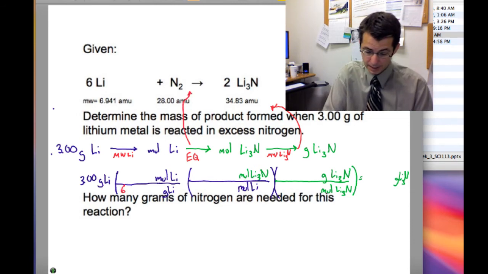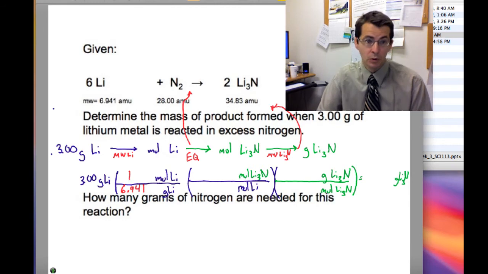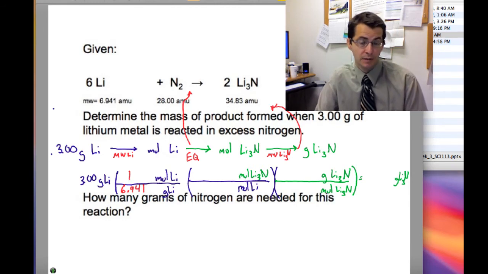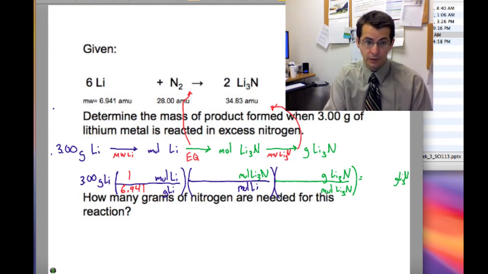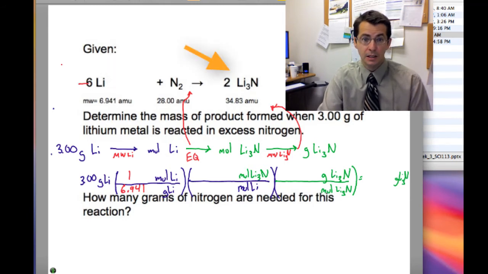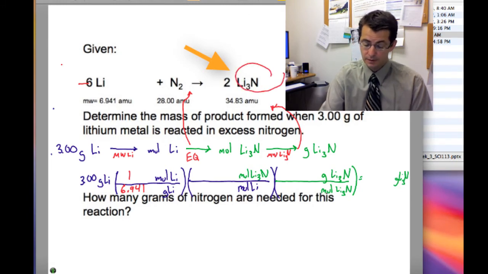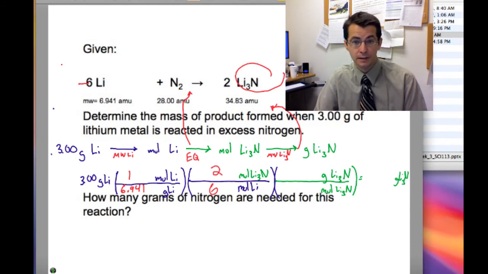We can see that 6.941 grams of lithium is equivalent to 1 mole of lithium. Again, that's our definition of the molecular weight of lithium. And we can then use the stoichiometry, which says that 6 of the lithiums is equivalent to 2 lithium nitrides.